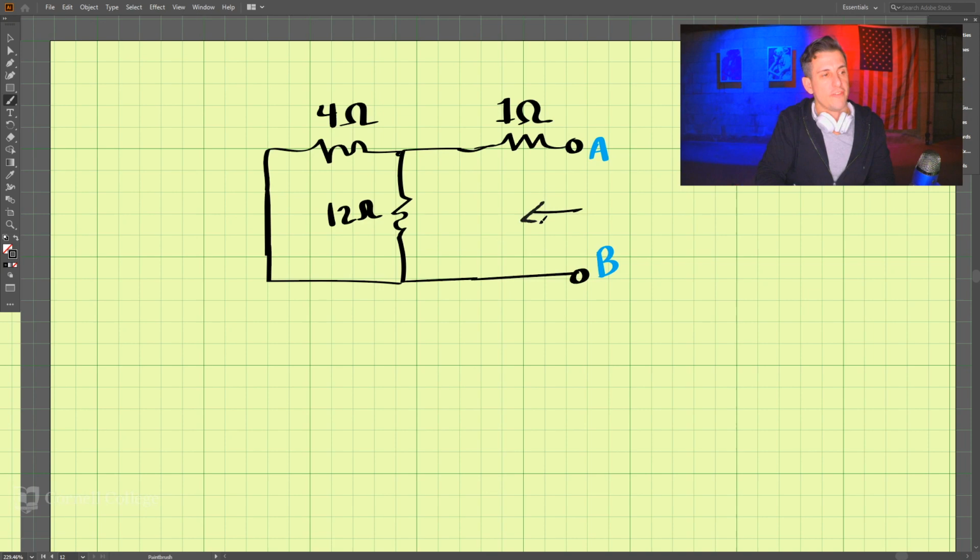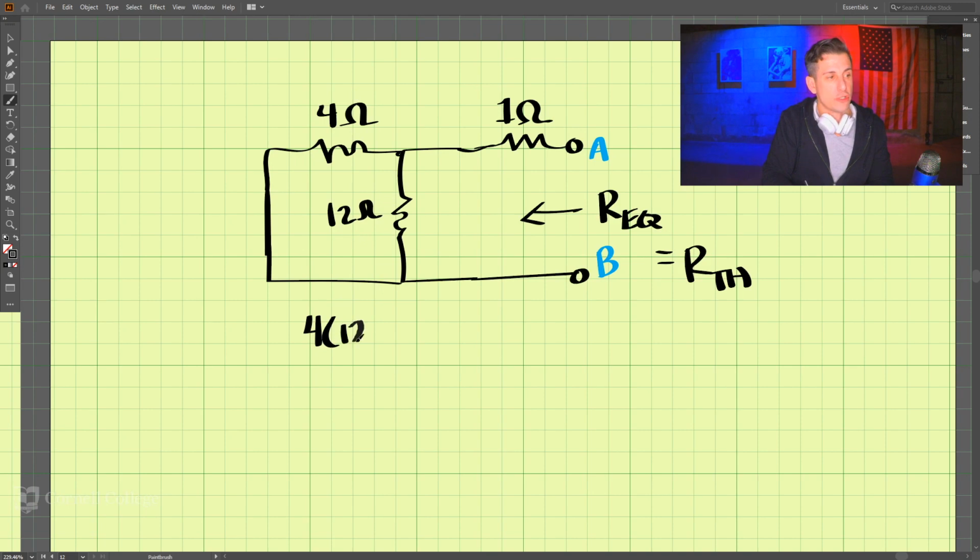So now we're looking for the equivalent resistance, and that is equal to the Thevenin resistance. We have 4 and 12 here. Those are in parallel.